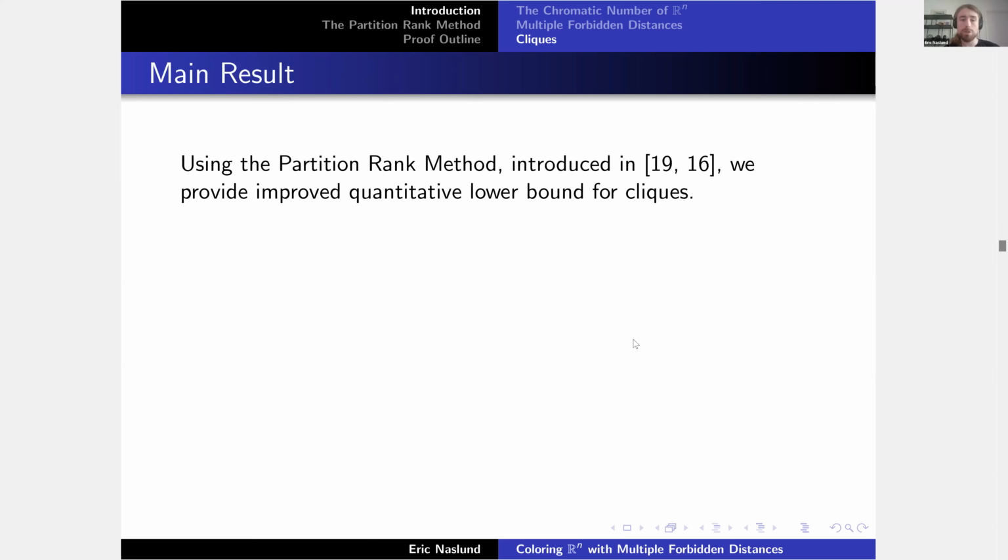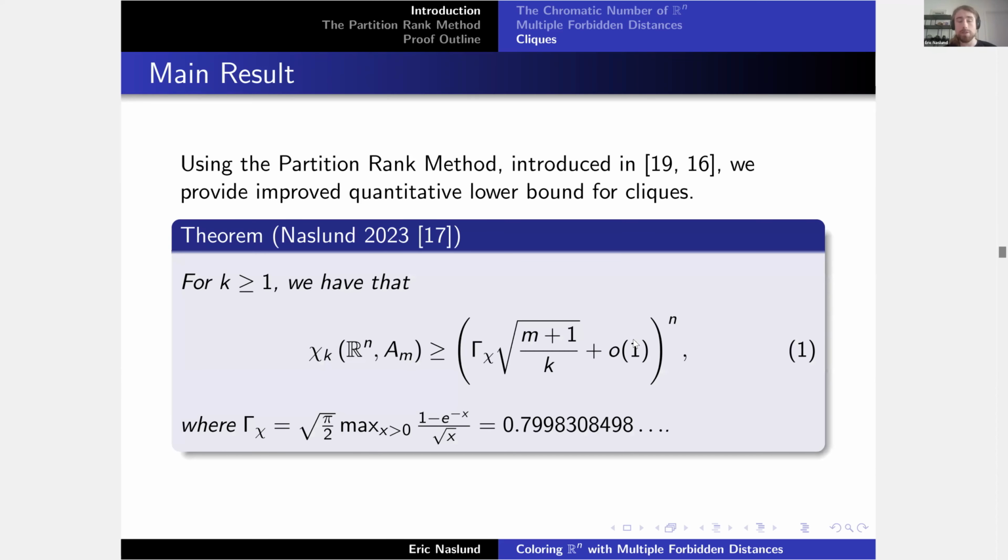So our main result using the partition rank method also applies to these cliques. We just have a slight adjustment. Before we had this constant gamma chi times square root m plus 1. Now you just divide the square root m plus 1 by k. We do expect the bound to be smaller because it's a little bit harder to have a clique, but I will note that this is not a lot smaller.